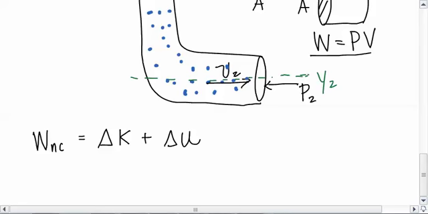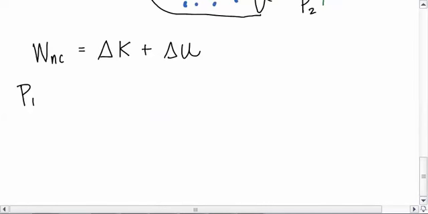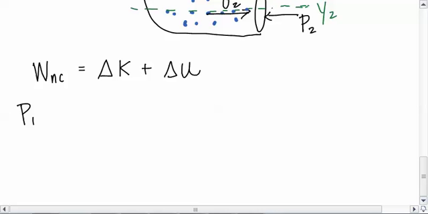All right, so then the difference in the two pressures. P1 is in the positive direction in our picture right here. P1 is putting positive work into the system.